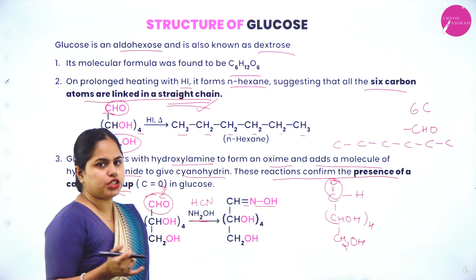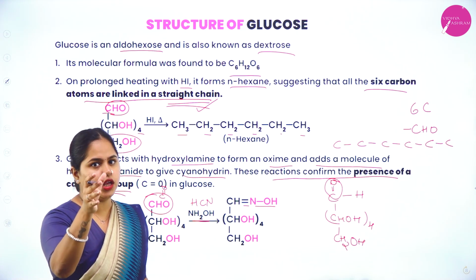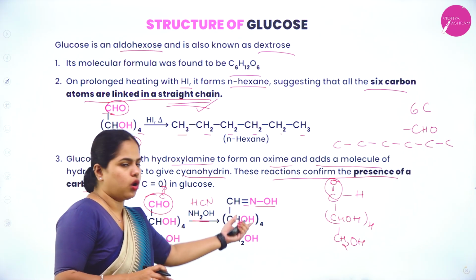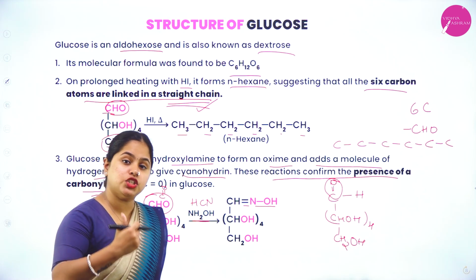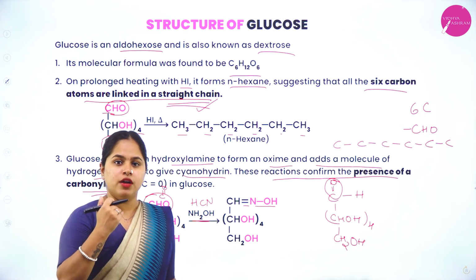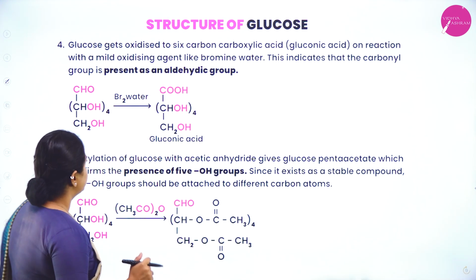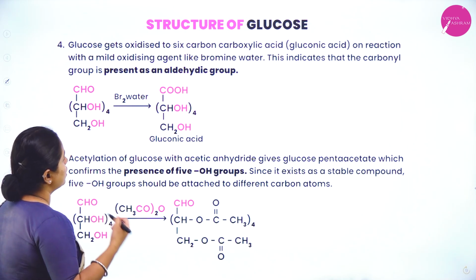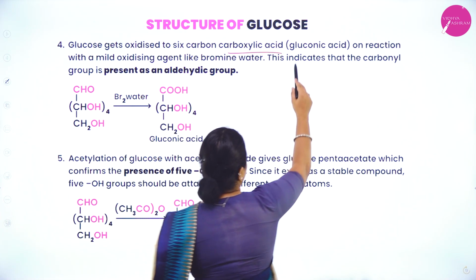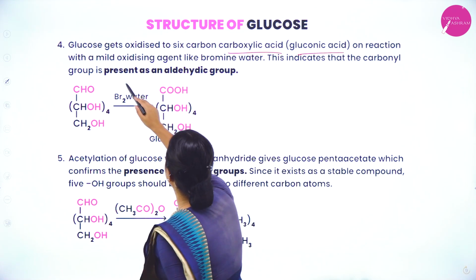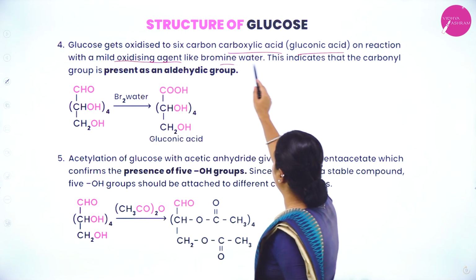The next reaction gave us the idea that there is a carbonyl group which is present, because of which oxime or cyanohydrin is formed, right? Now we are going to find which exactly is that functional group which contains the carbonyl group. So let's see. Glucose gets oxidized to a 6 carbon carboxylic acid, which is called gluconic acid, on reaction with a mild oxidizing agent like bromine water.